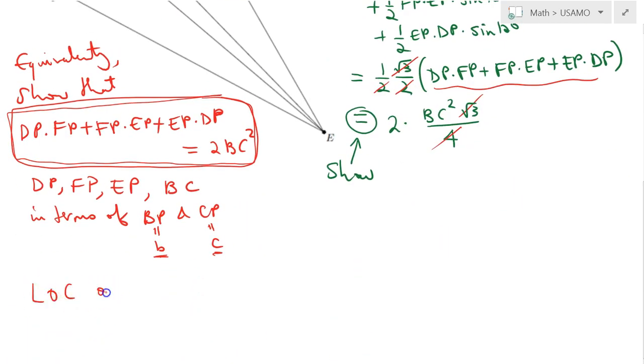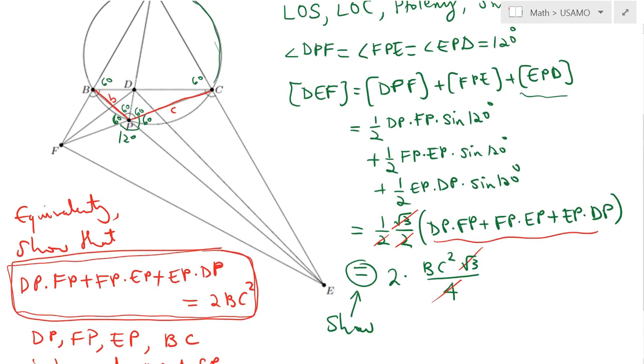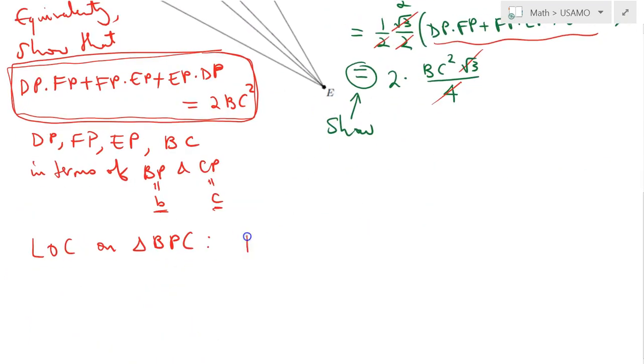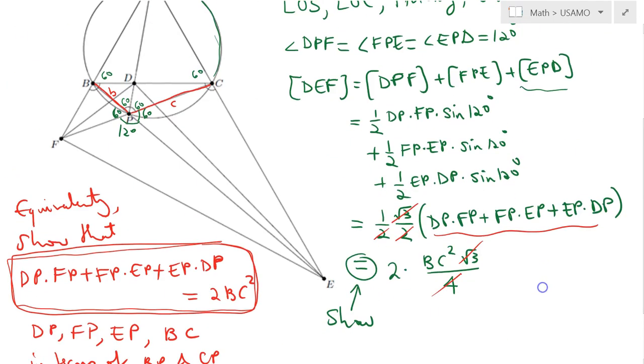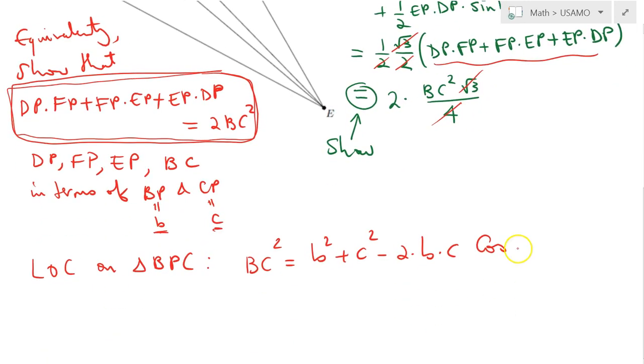Law of cosine on triangle BPC would namely give me BC squared as b squared plus c squared minus 2 times b times c cosine 120, right? So we would have BC squared equal to little b squared plus little c squared minus 2 times little b little c cosine of the angle between the two, which is angle BPC.